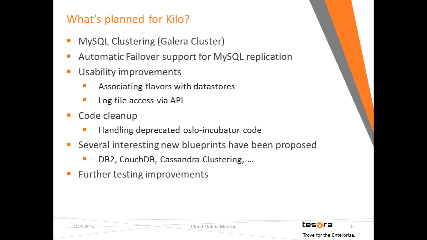For those of you who are familiar with MySQL, this is synchronous replication. This is also the basis of such replication topologies as Percona XtraDB cluster. Currently in Juno, while we have replication and read replicas, there's no automated failover. So in Kilo, we'll be supporting automated failover.